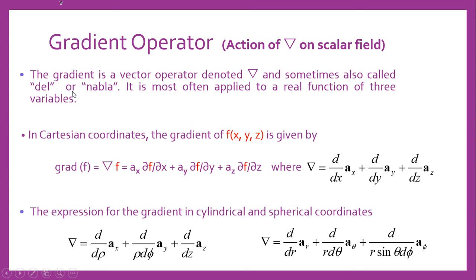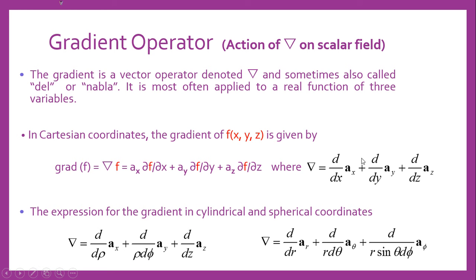The gradient operation can be done in three coordinate systems: Cartesian, cylindrical or spherical. In the Cartesian coordinate system, the gradient of a function of x, y, z is given by grad f, where del is the vector and f is a scalar. So del into f, and del is always represented as del equals d by dx of ax vector plus d by dy of ay vector plus d by dz of az vector.